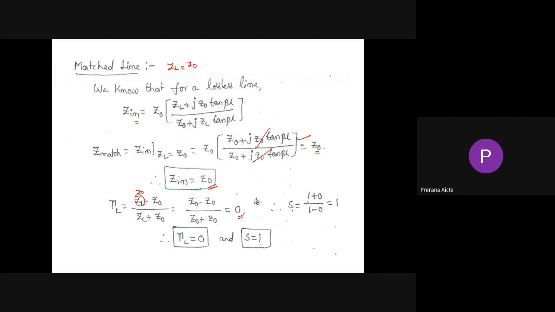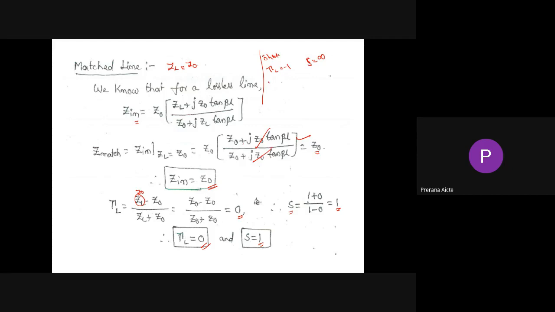So the corresponding voltage standing wave ratio S is equal to 1 plus Delta L divided by 1 minus Delta L. Delta L is 0, so 1 plus 0 divided by 1 minus 0 becomes 1. Therefore, Delta L is 0 and S is equal to 1. So I can summarize all these parameters. For a short circuit transmission line, Delta L is minus 1 and S is equal to infinity.